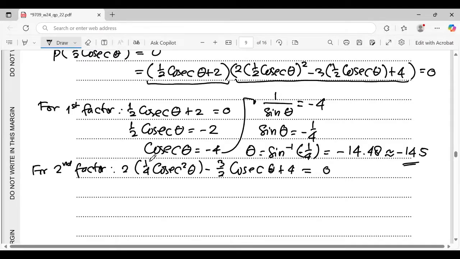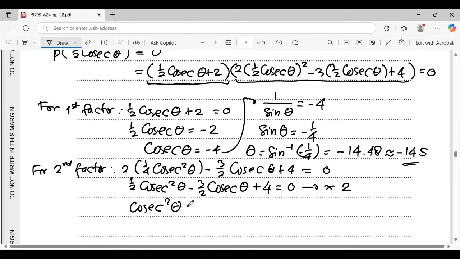So 2 times 1/4 becomes 1/2 cosecant squared theta minus 3/2 cosecant theta plus 4 equals 0. After that, multiply by 2, it becomes cosecant squared theta minus 3 cosecant theta plus 8 equals 0.